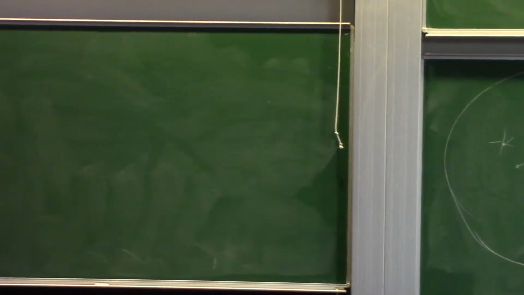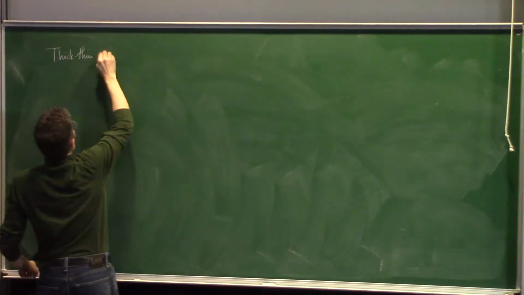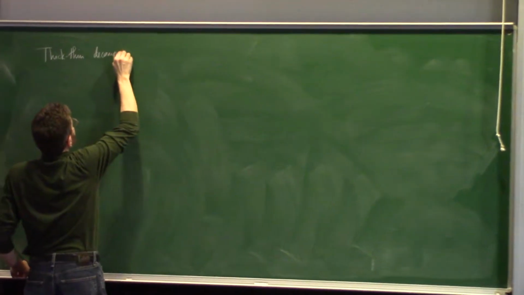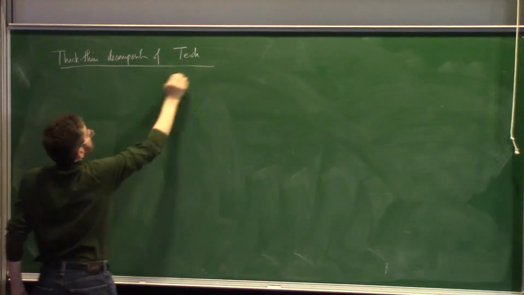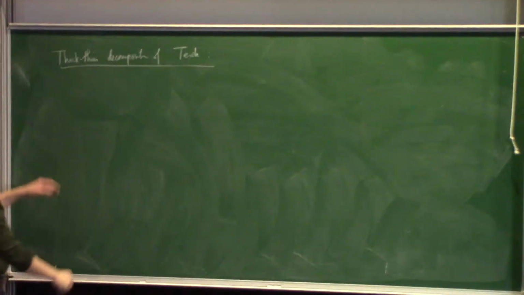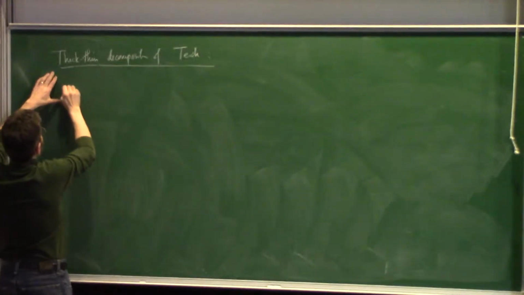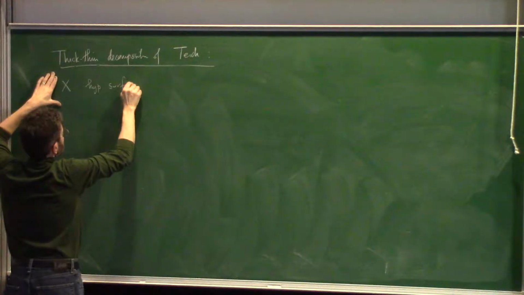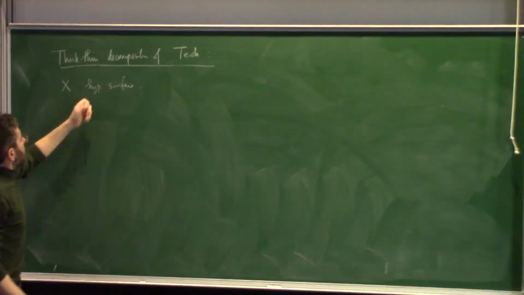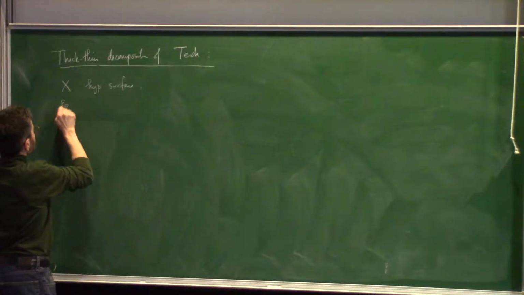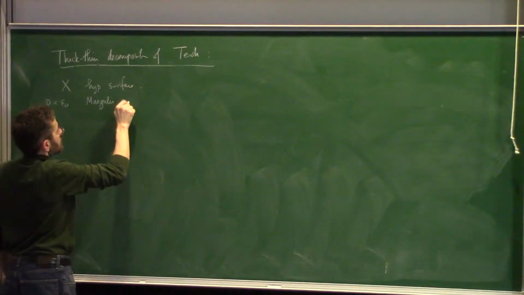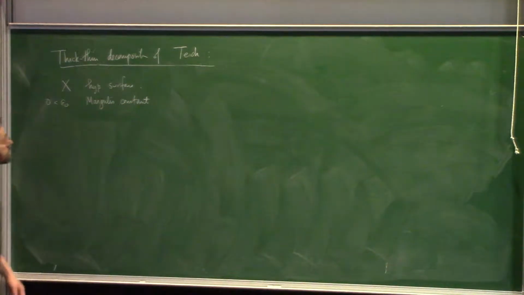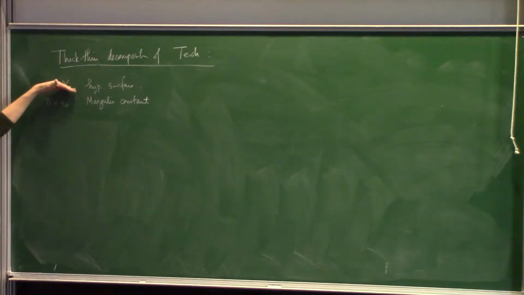The thick-thin decomposition. The structure of Teichmüller space starts with the thick-thin decomposition of a surface. So suppose that X is a hyperbolic surface. What does it look like? Well, there's some uniform constant called the Margulis constant, which allows you to divide a hyperbolic surface into standard pieces.